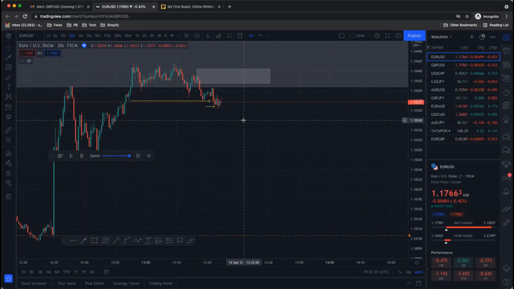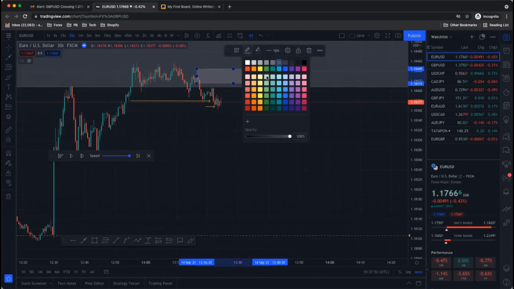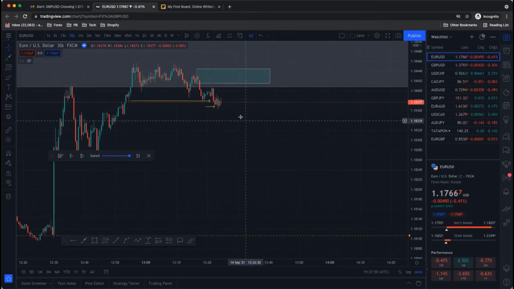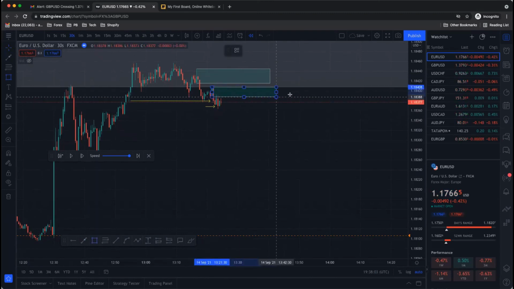So we will have 2 points of interest here. This is one, and I'll mark this in some other color. We have 2 points of interest, this OB and this OB. You're going to have 0.5% risk here.